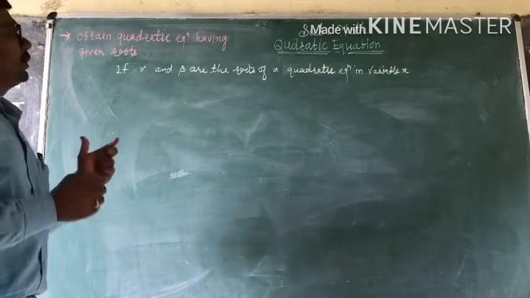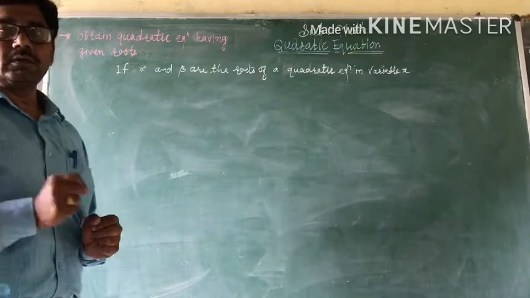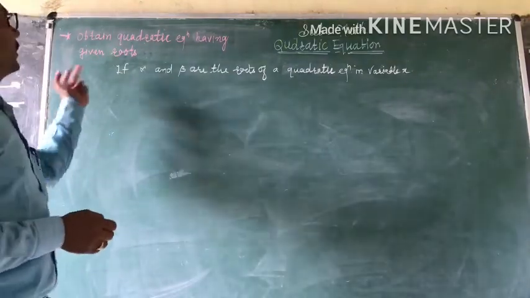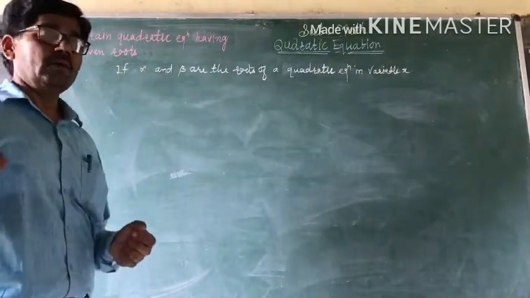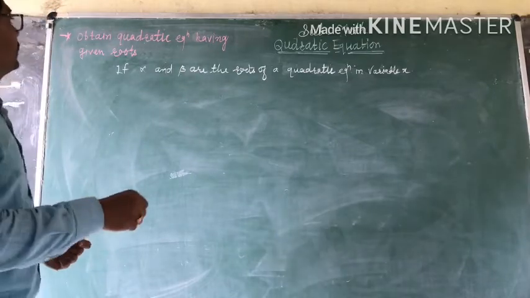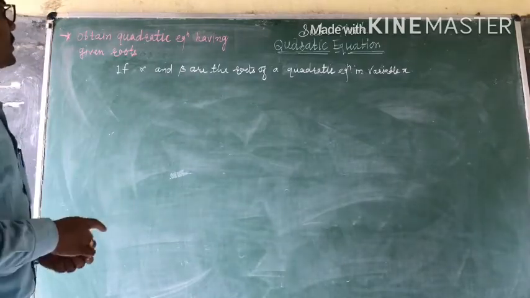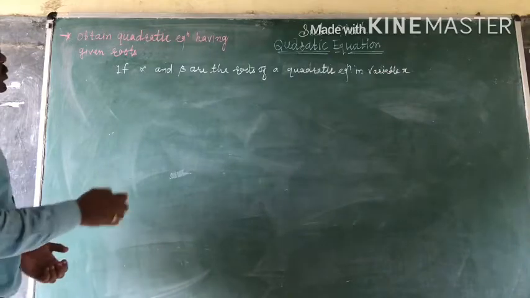After that, if the roots of the quadratic equation are given, then find the quadratic equation. Obtain the quadratic equation when the two roots are given.